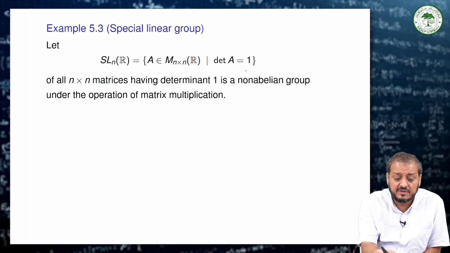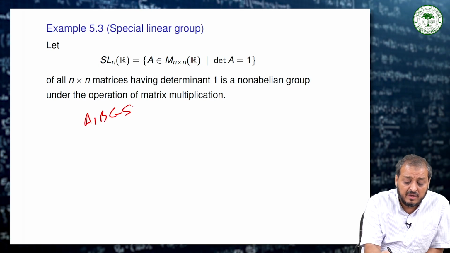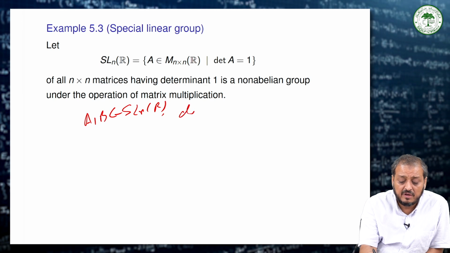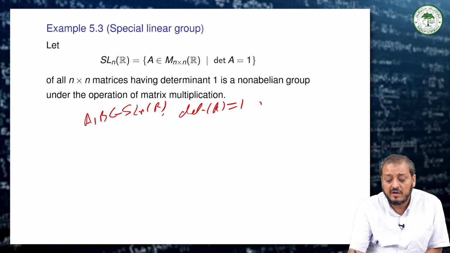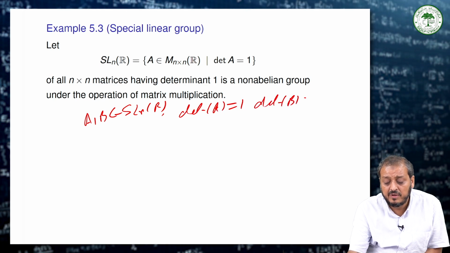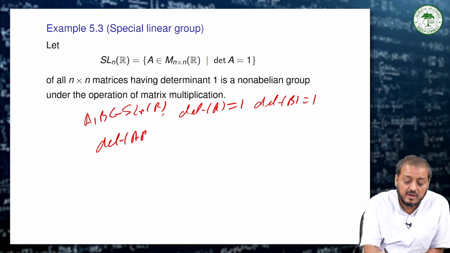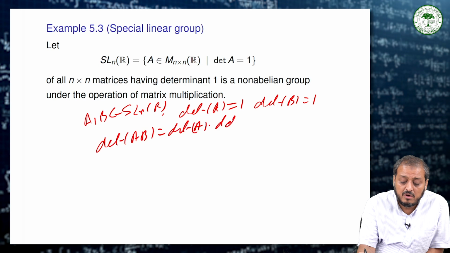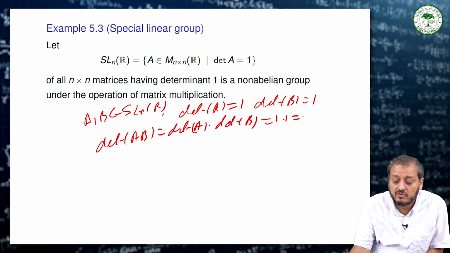So if A and B are elements of SL(n, R), that means the determinant of A is equal to 1 and the determinant of B is also equal to 1. Using the property of the determinant, det(AB) is equal to det(A) times det(B), and that is 1 times 1, equal to 1.